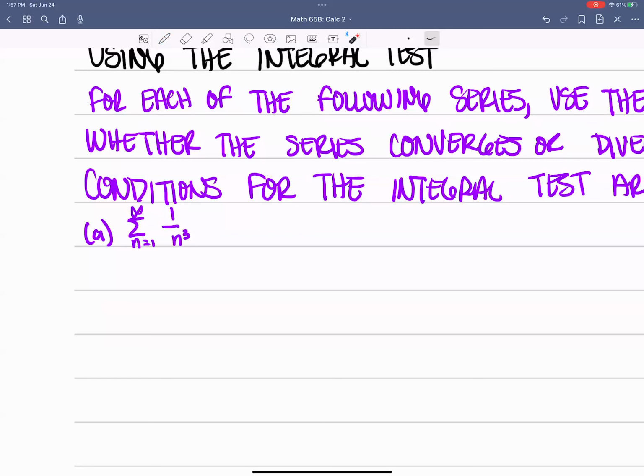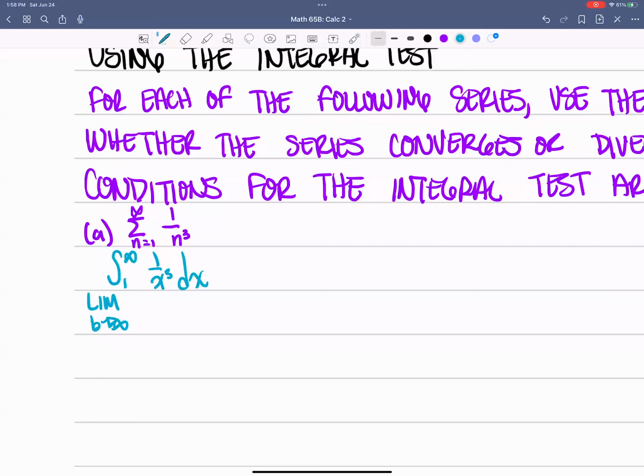So let us see. Here we're looking at the integral from 1 up to infinity of 1 over x cubed dx. This is an improper integral.